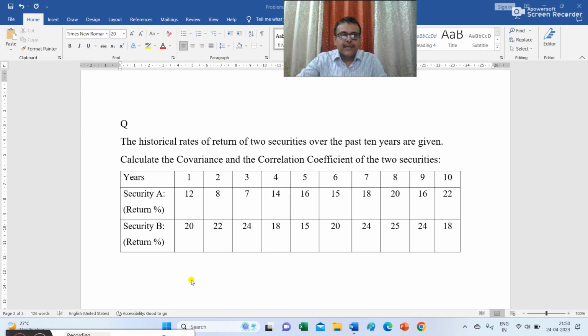The historical rates of return of two securities over the past 10 years are given below. Calculate the covariance and the correlation coefficient of the two securities. Years from 1 to 10. Return of security A: 12, 8, 7, 14, 16, 15, 18, 20, 16, 22.